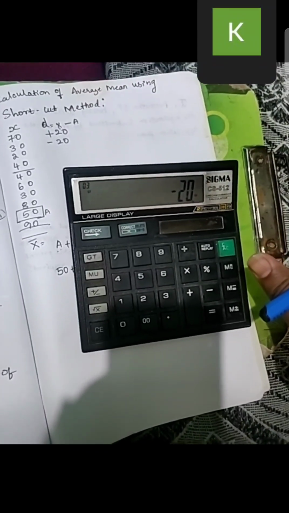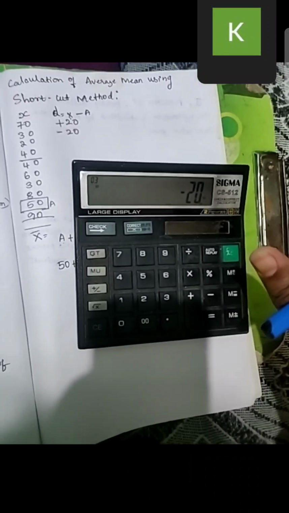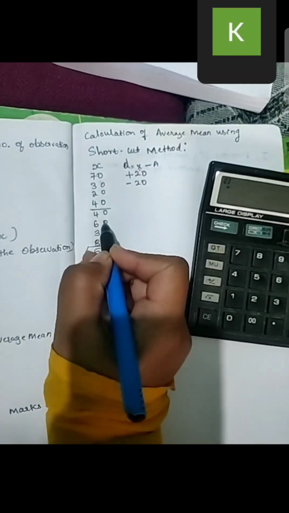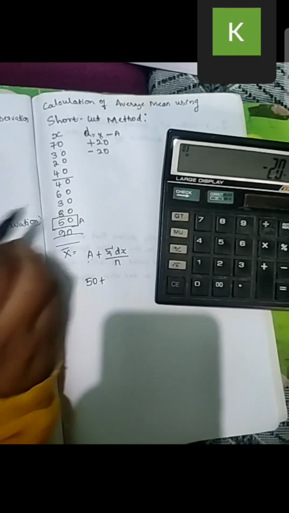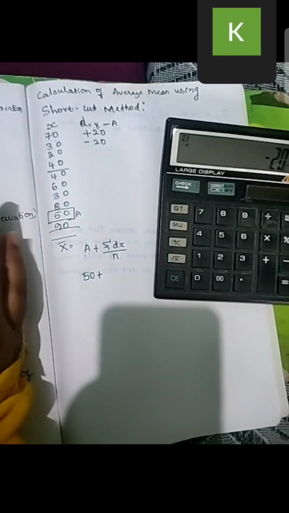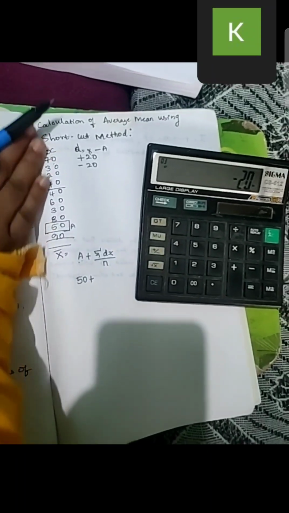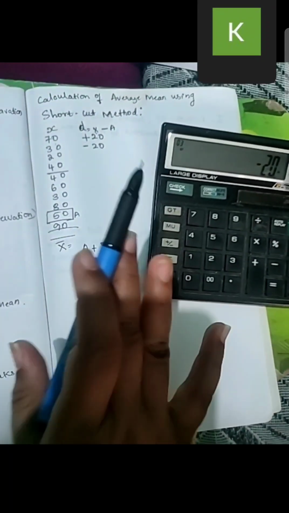Hope you are understanding. You have any doubts? You can assume any value as assumed mean. You can assume 90, 40, or 70. Any value within the range of x you can assume as assumed mean. Your answer should be the same and it will be the same.